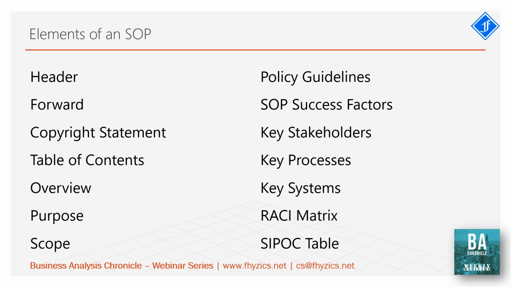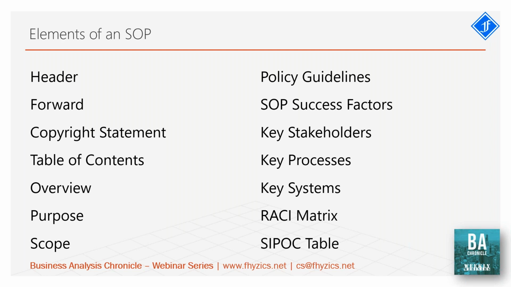SIPOC stands for supplier, inputs, process, output, and customers, right? SIPOC comes from Six Sigma, we borrow this from Six Sigma. For any process there are inputs and outputs, that is IPO, and the inputs are provided by suppliers, and outputs are used by customers.